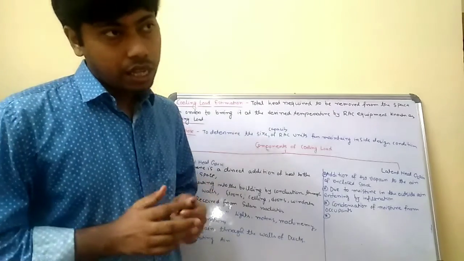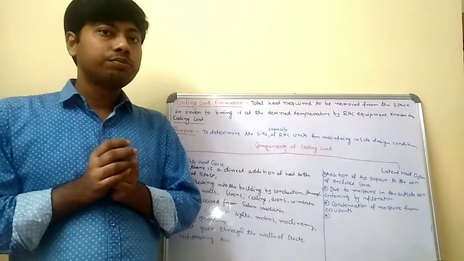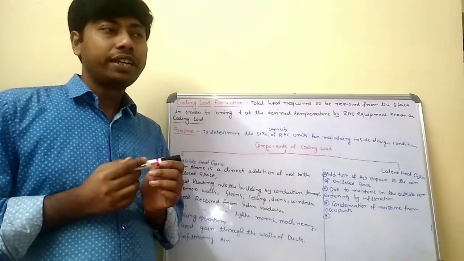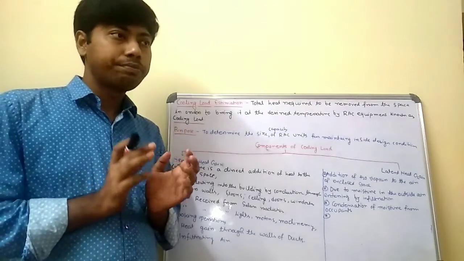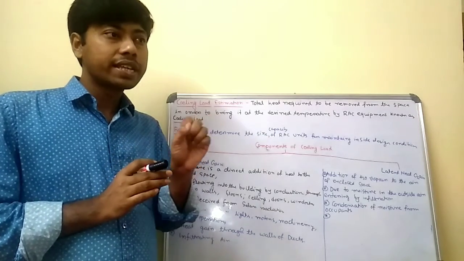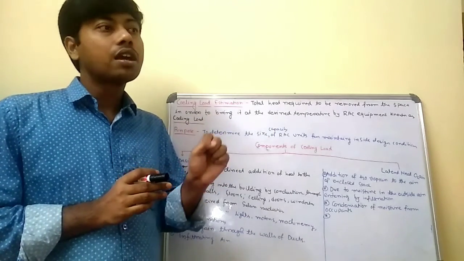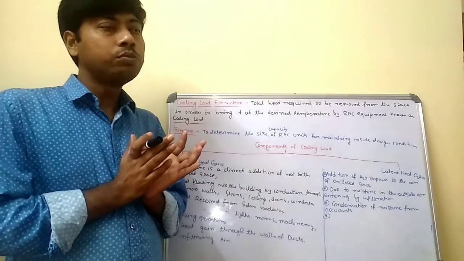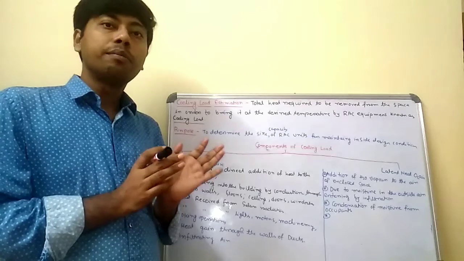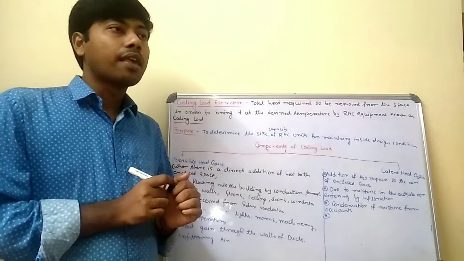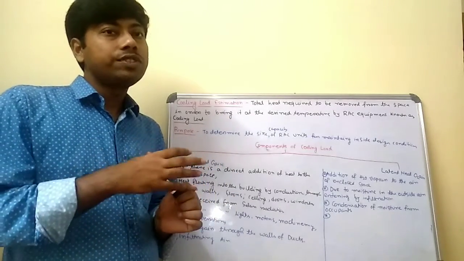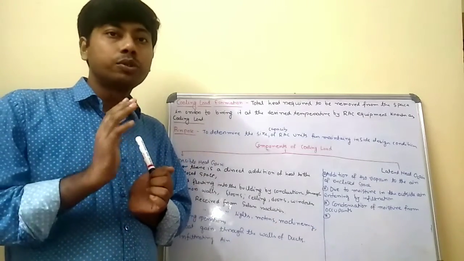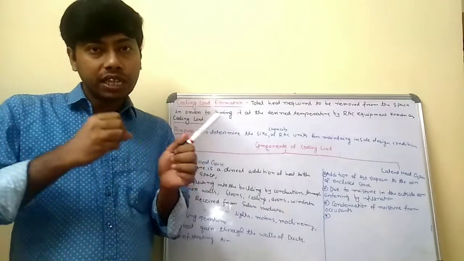That means in a particular size of room, if you install air conditioning equipment, the main function of the air conditioning is to extract the heat from the heated space, so that the temperature of the conditioned space should be minimum for comfort conditions. So first of all, you have to know what amount of heat is generated within this room, because this amount of heat should be extracted.